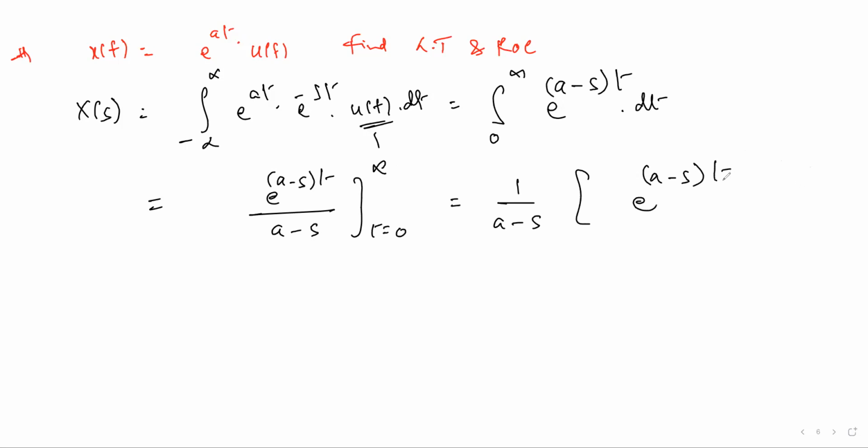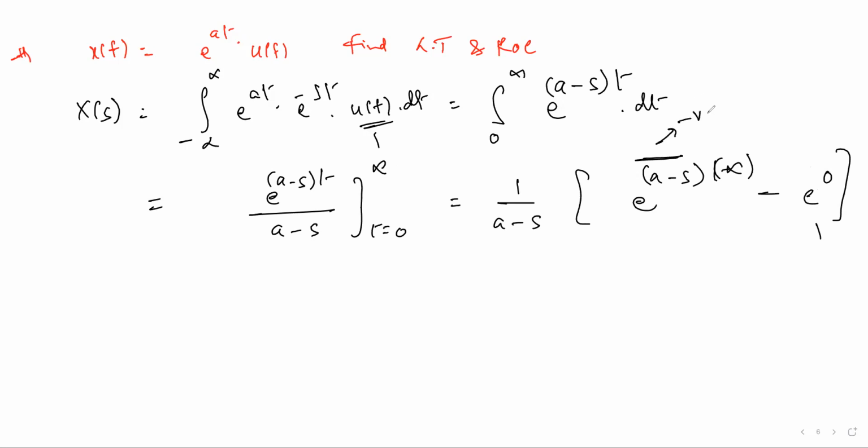T means what here? Infinity. Minus e power 0. This however one is not a problem. Now this one, how should it be? This is infinity. We should get minus infinity.